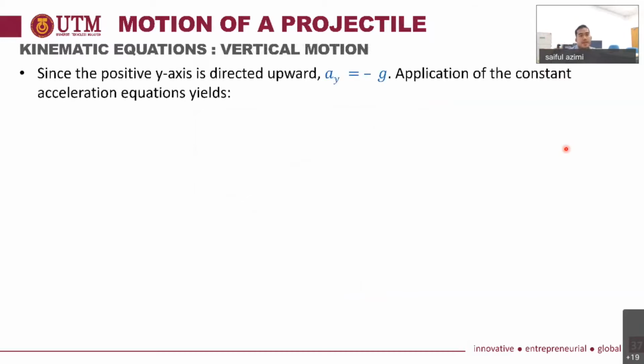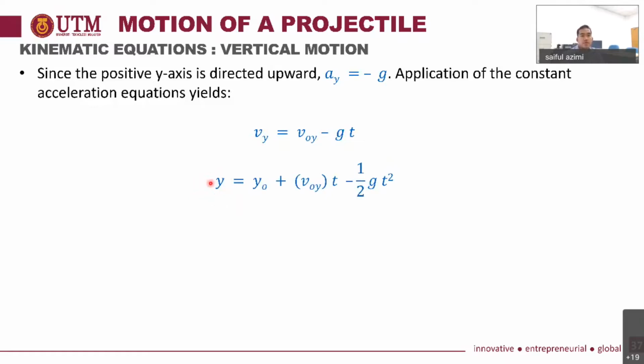All right, next is vertical motion. For vertical motion, which is in the y-axis, the positive y-axis is directed upward, so Ay equals negative g, which is gravity. So we can use the constant acceleration equations, the kinematic equations. Vy, the final velocity, equals the initial velocity minus gravity multiplied by time.